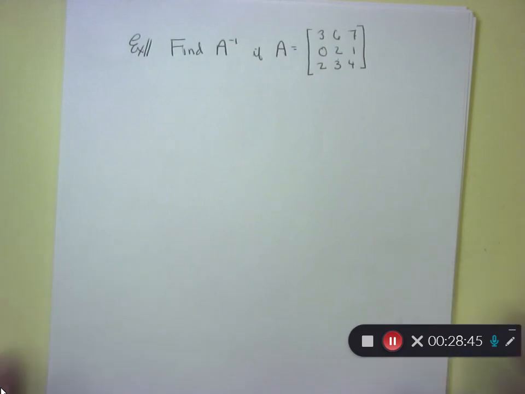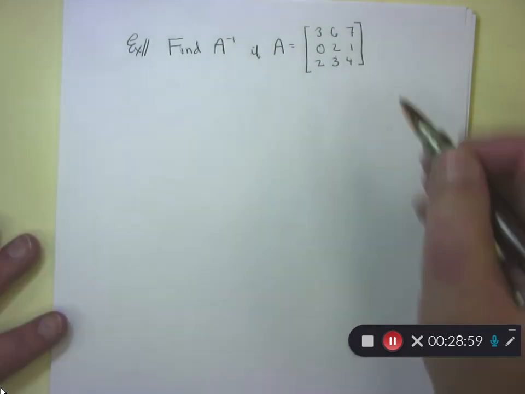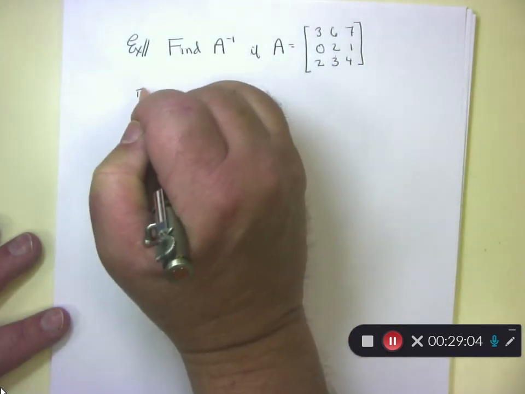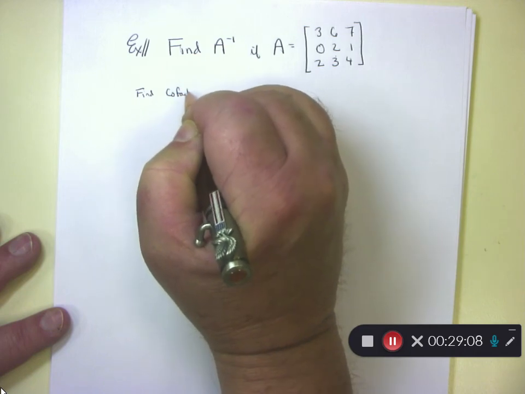So I want you to find the inverse if A is equal to 3, 6, 7, 0, 2, 1, 2, 3, 4. All right. So here we go. Now, first thing I'm going to do is I'm going to find the cofactors.